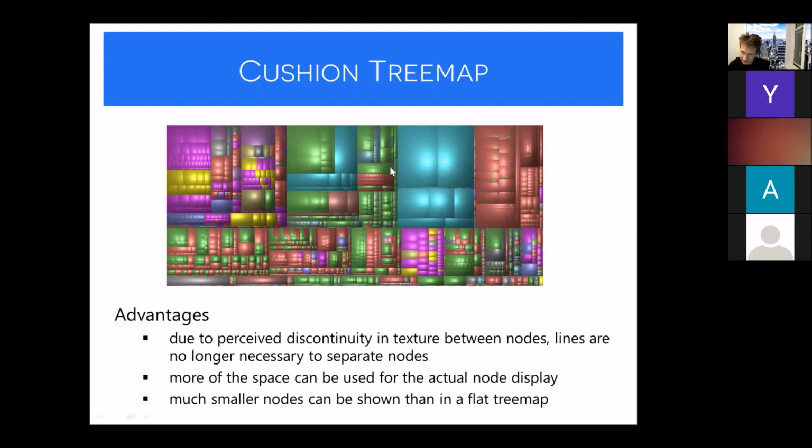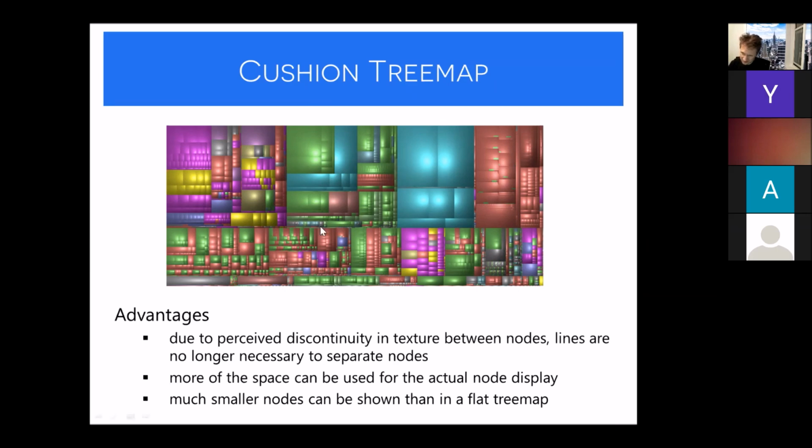So he invented these cushion maps, where he tried to put specular highlights on these boxes. Instead of having just plain color, he models them as a warped surface, a surface that has a dome on it, and then you use shading to bring that out, like a specular highlight, okay?